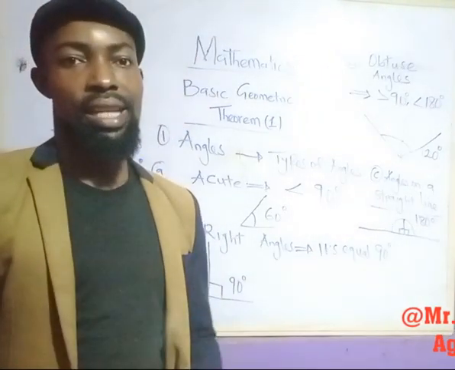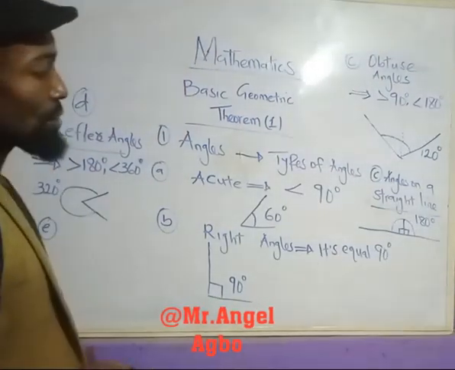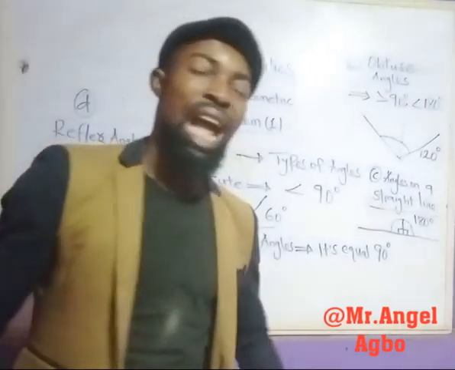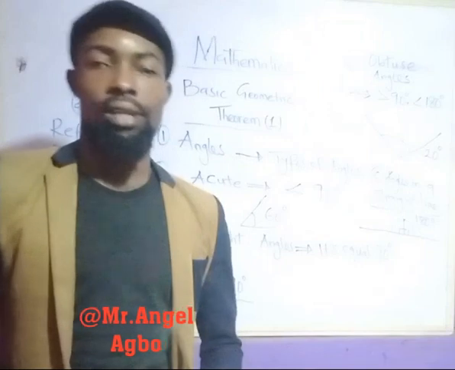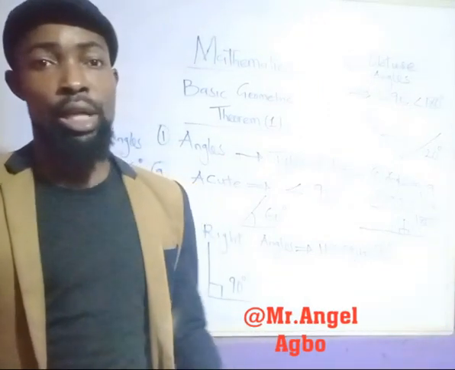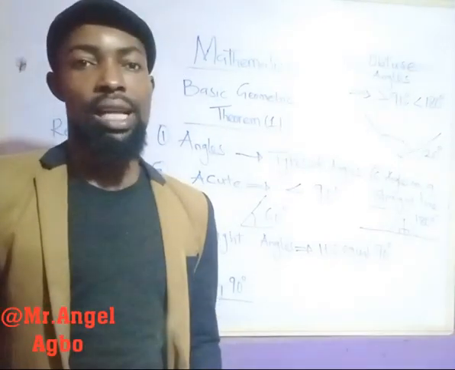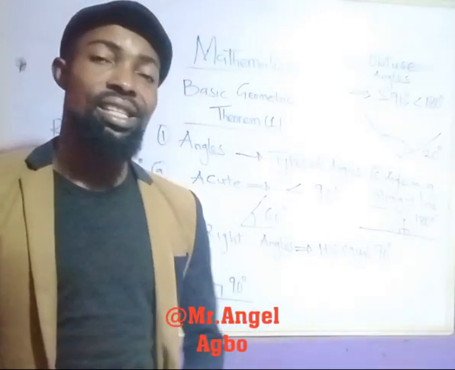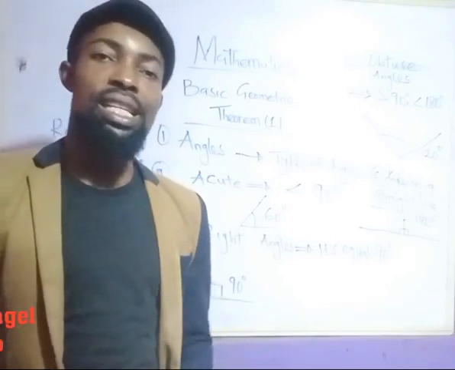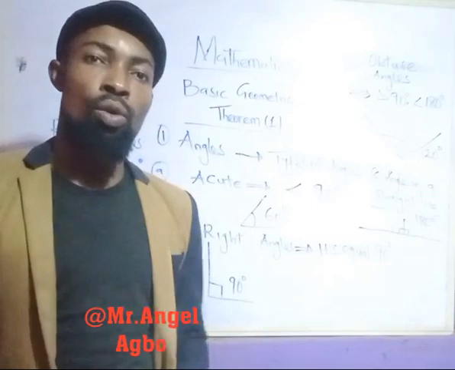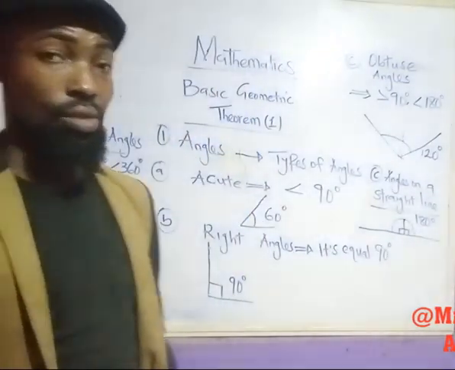We have this type of angle when we have four right angles joined together. When four right angles combine together, we have angle at a point, and it's equal to 360 degrees. Or you can say that angle at a point is the same as the angle of a circle. The angle of a circle is equal to 360 degrees.